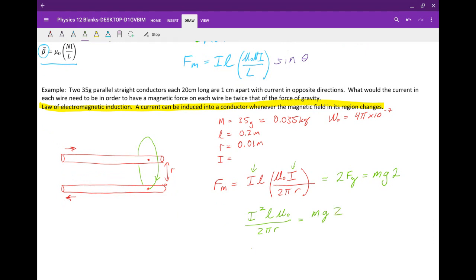If I want to isolate for current, it's actually going to be 4mg, because I'm going to multiply this 2 over. So I get 4mg over the length of the wire times mu naught, and I'm going to take the root of that. That's basically the current that goes in the wire.